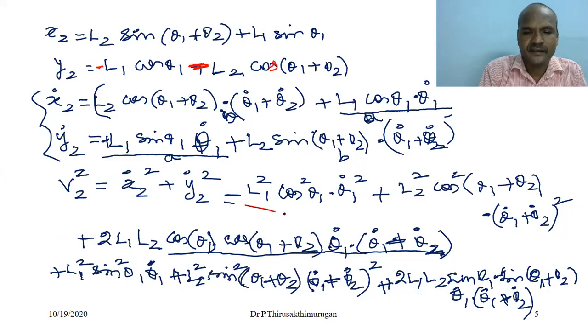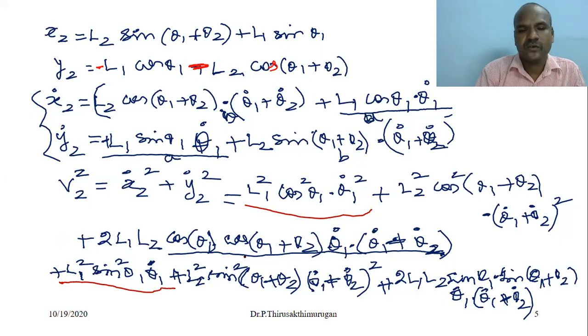What do you get? Only L1 square theta 1 dot square is common, so the sine square term and cos square term becomes 1.